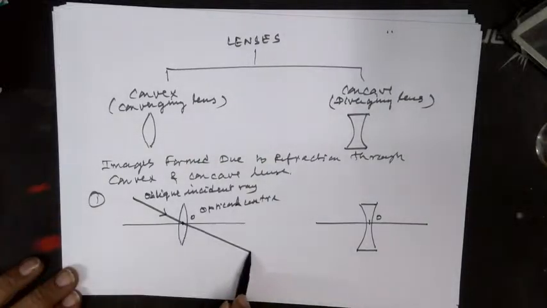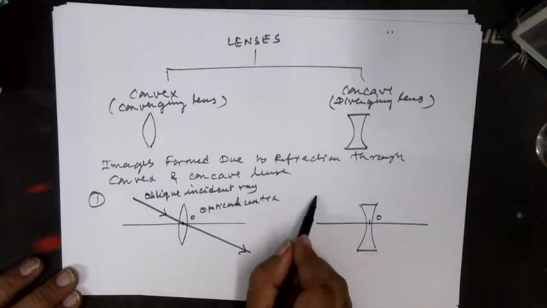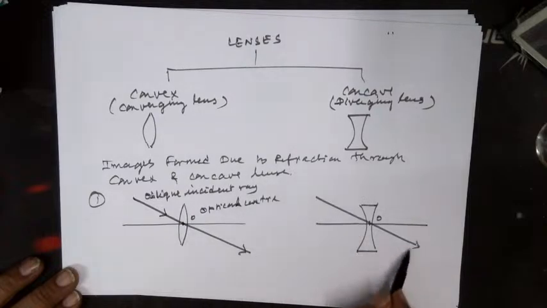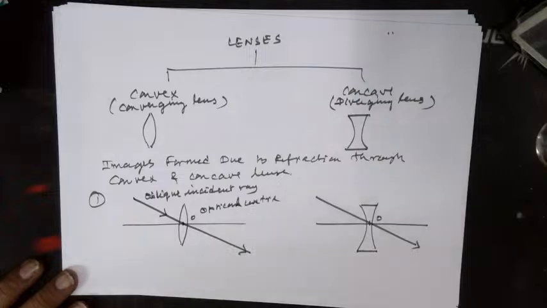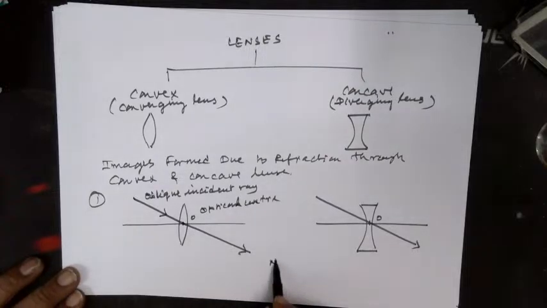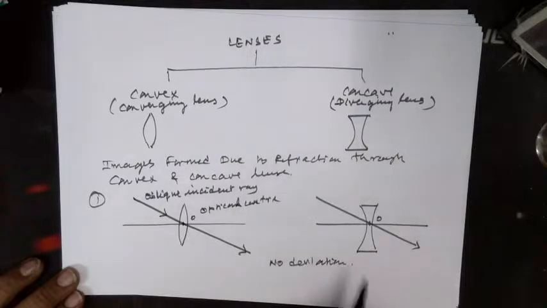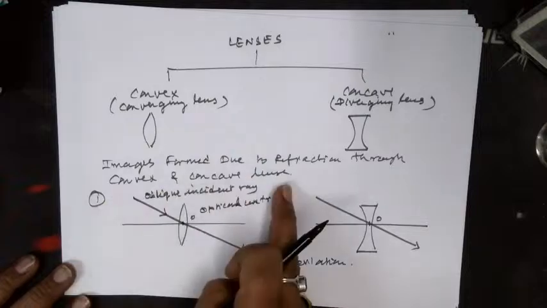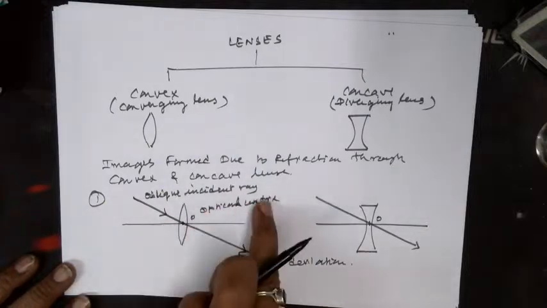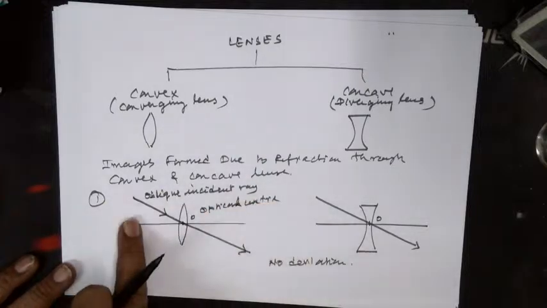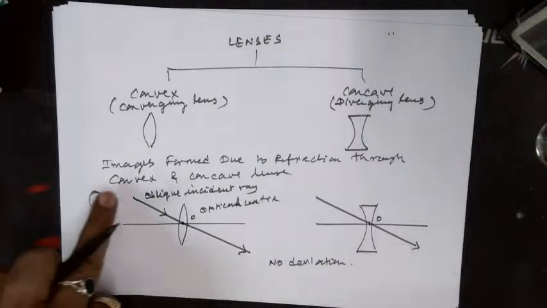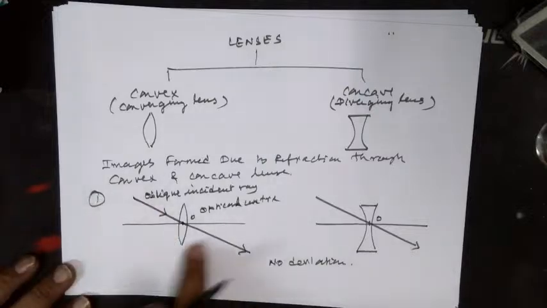It goes straight like this. Okay, so this is rule number 1. No deviation. When the incident light strikes the optical center obliquely, there is no deviation in both cases.